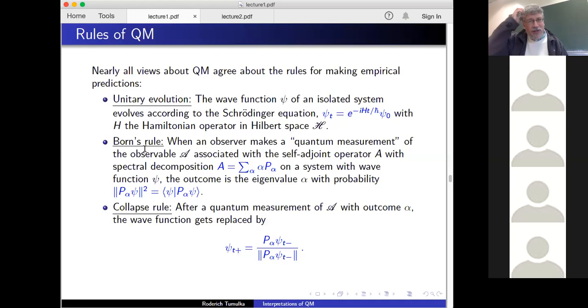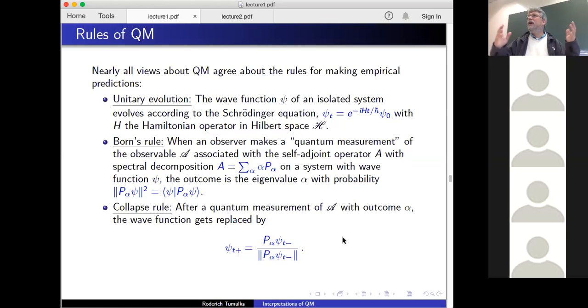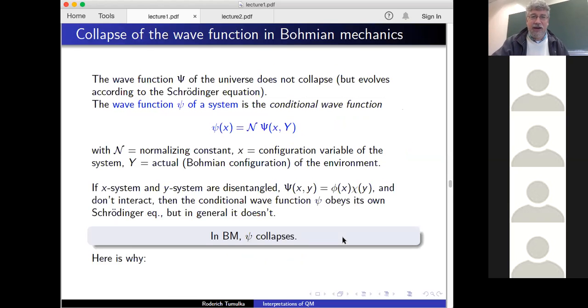So one question that arises is whether you would get the same probability for other observables than position. And one thing that seems even more dubious is the collapse of the wave function, because in Bohmian mechanics, we assumed that the Schrödinger equation is an axiom of the theory, and the Schrödinger equation means there's no collapse. It's always unitary.